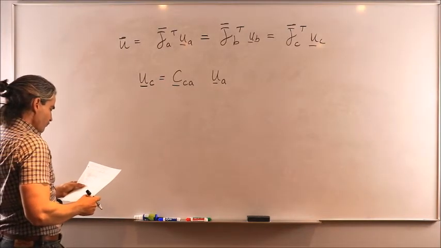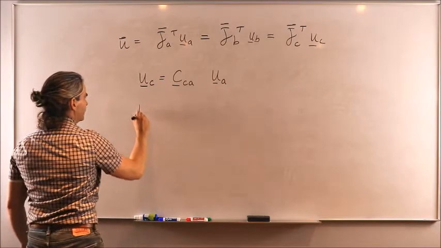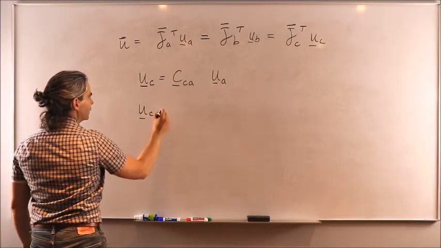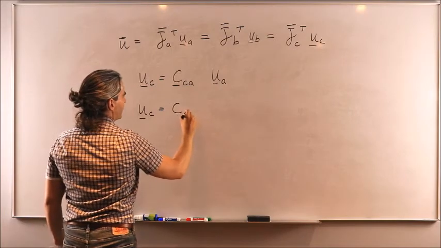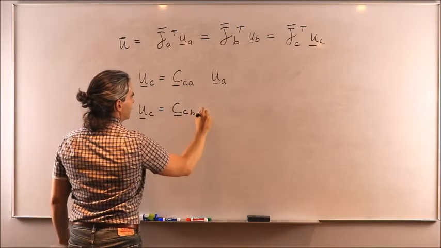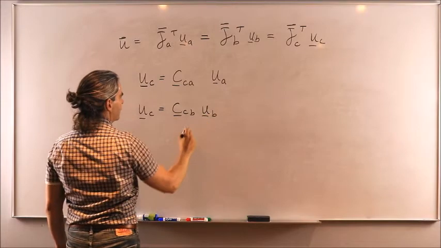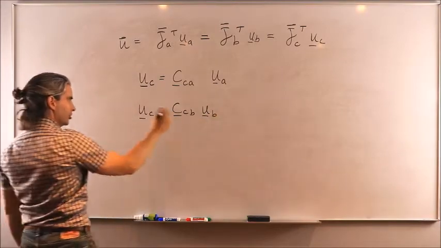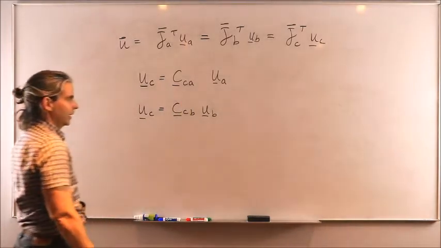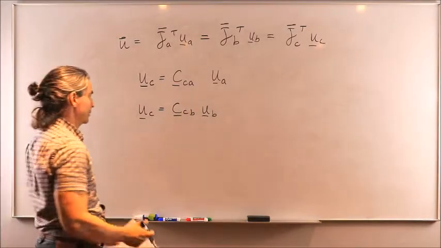But you can also relate UC to UB, like that, okay? Components in reference frame B, components in reference frame C. The relationship is that rotation matrix or that direction cosine matrix.